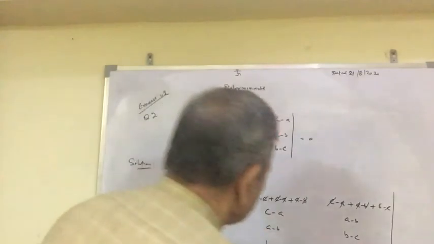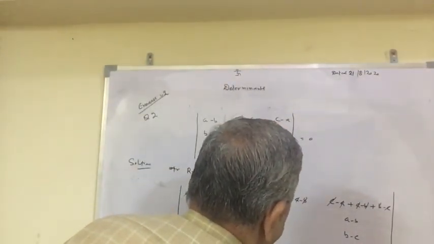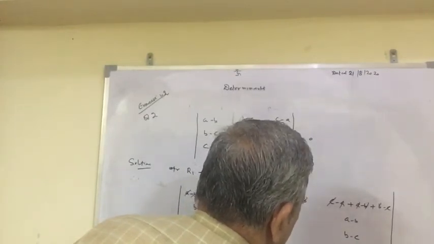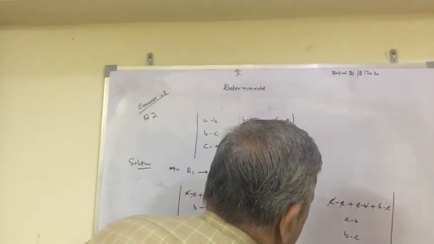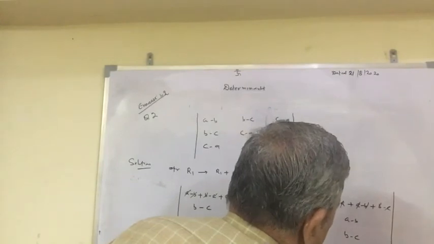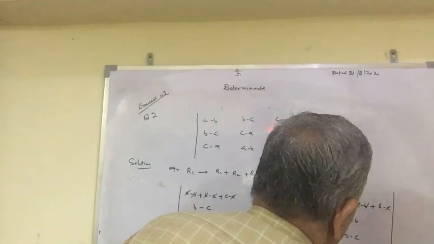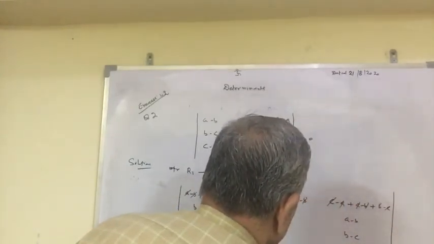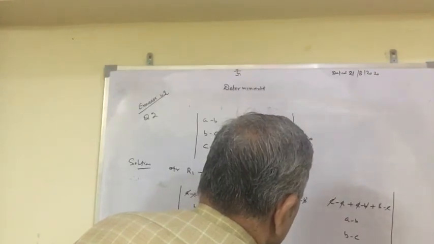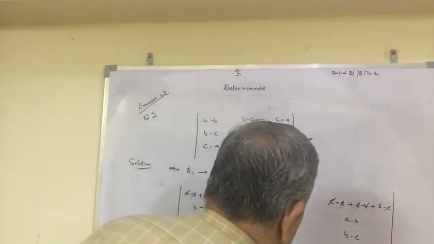So you can say, open the determinant with the R1 row, so the value of the determinant is equal to 0, which means the right hand side is equal to 0.